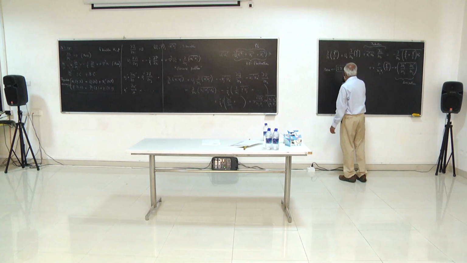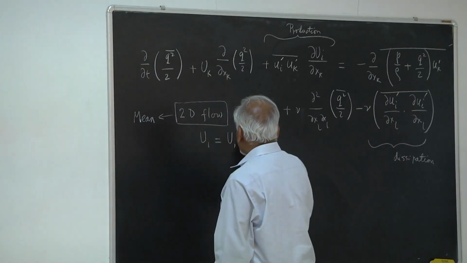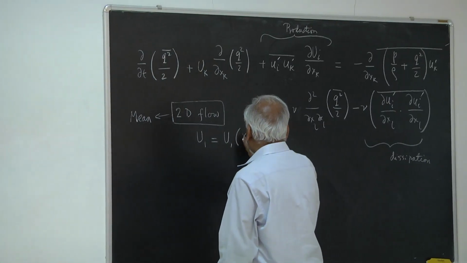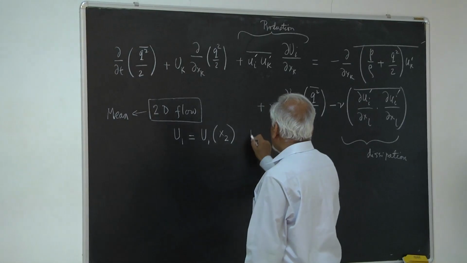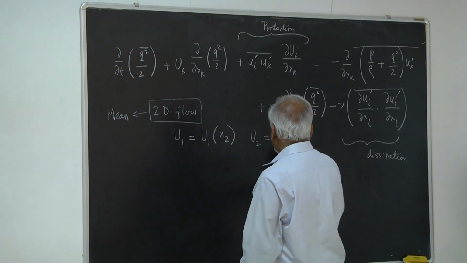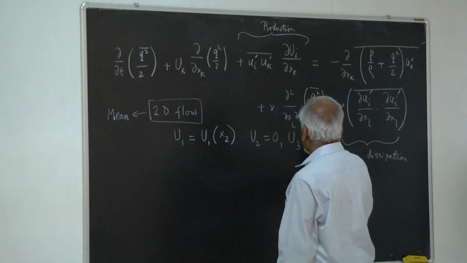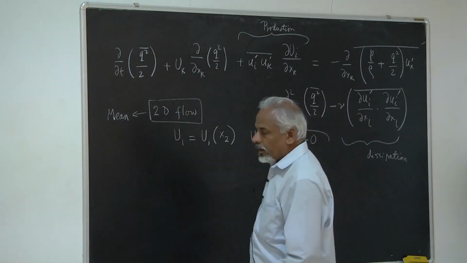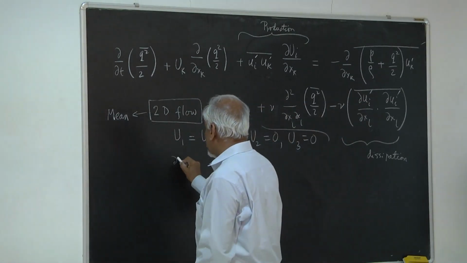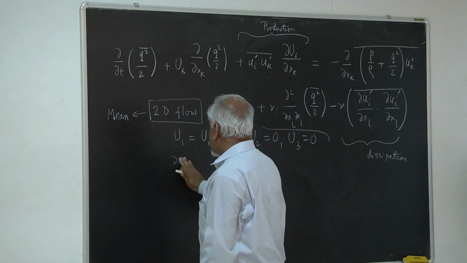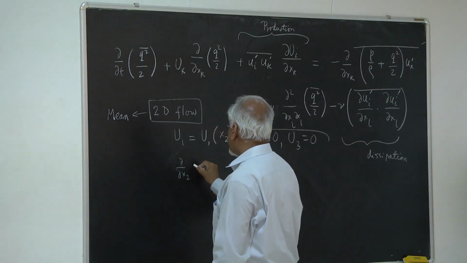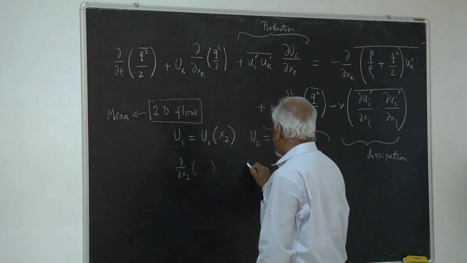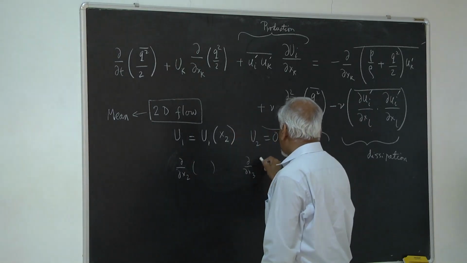So I have a situation where I have only u1, which is a function of x2, and u2 equal to 0, u3 equal to 0. And similarly, I will have things like d/dx2 of any mean quantities will be 0, d/dx3.